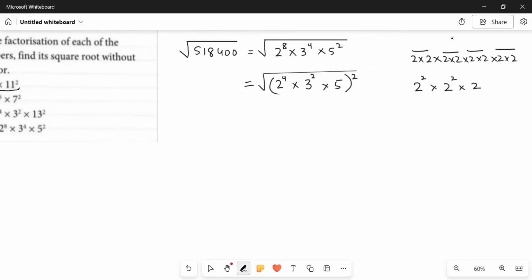So it would be 2 square into 2 square into 2 square into 2 square. And you can write them as 2 into 2 into 2 into 2 and power 4 outside. And now you can combine these 4 twos together. That is 2 raised to power 4.